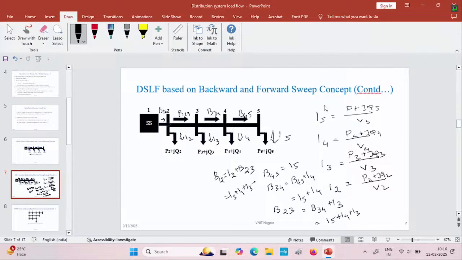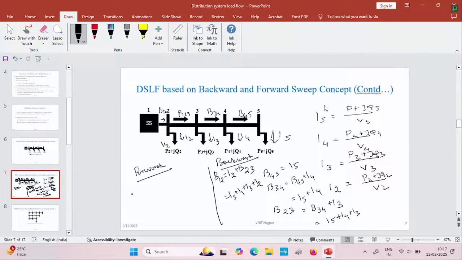Now, we have considered this normal single phase line, and the discussion till now is about the backward calculation. Now if we move to the forward calculation for the node voltage of each node, as this voltage is known to us, we are supposed to calculate the voltage V2.